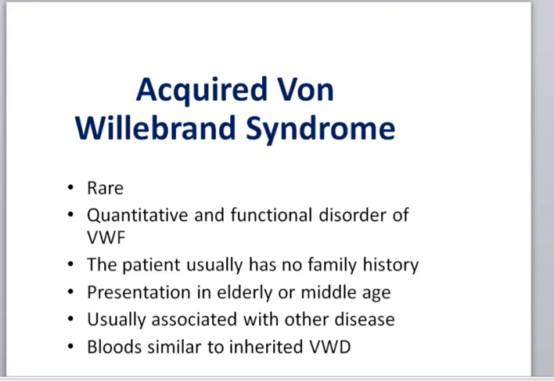The patient usually has no family history because it is acquired, and the presentation is usually in the middle age or in the elderly, and associated with other diseases that we mentioned: lymphoproliferative disease or myeloproliferative disease, solid tumors or immunological diseases.